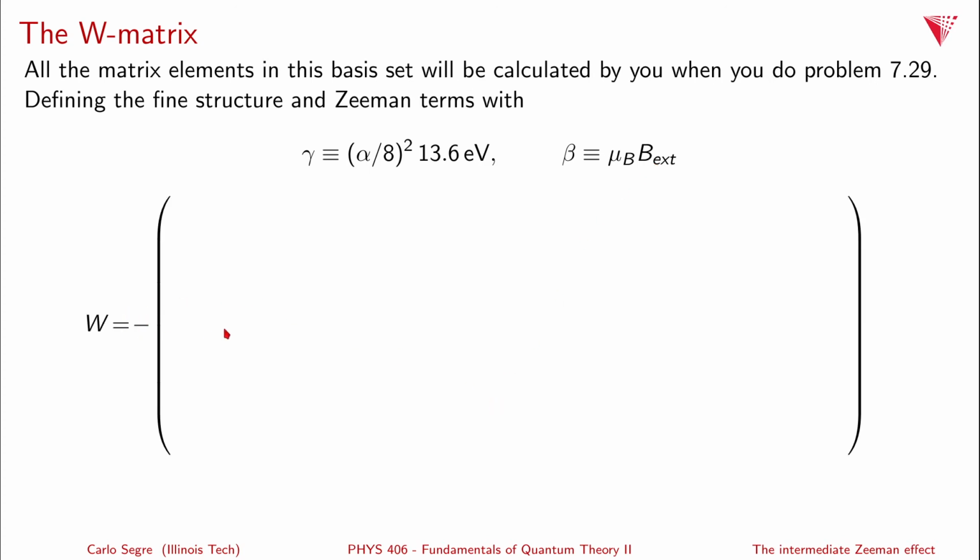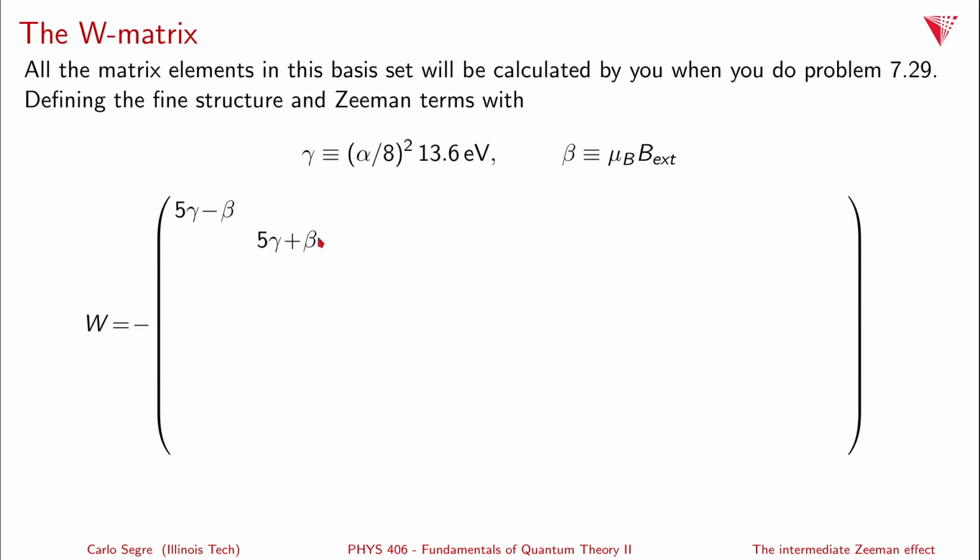It has a minus sign in front, and then it has diagonal elements. We start with the diagonal element for psi 1. So this is W11, which is 5 gamma minus beta. Now remember, we're in the basis set of J and M sub J. And if you recall, that diagonalizes the fine structure interaction. It does not diagonalize the Zeeman interaction. So we'll see what the consequences of that are in a minute.